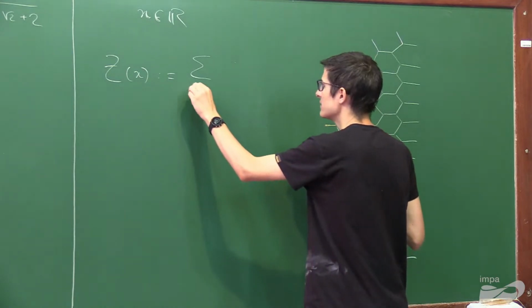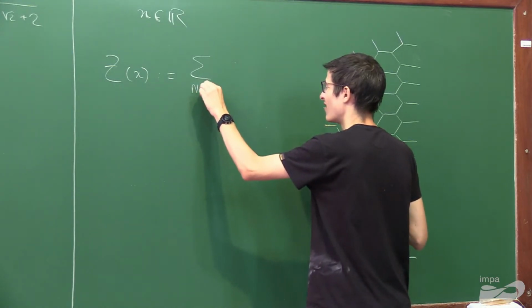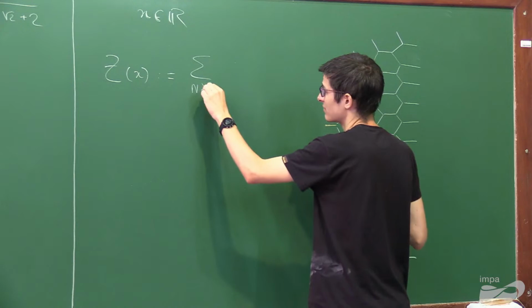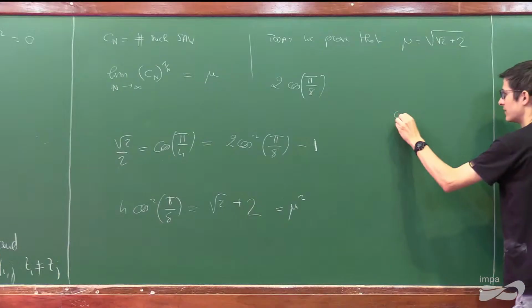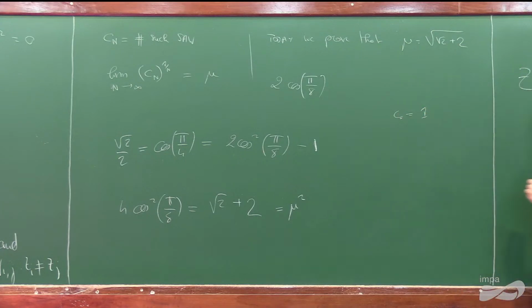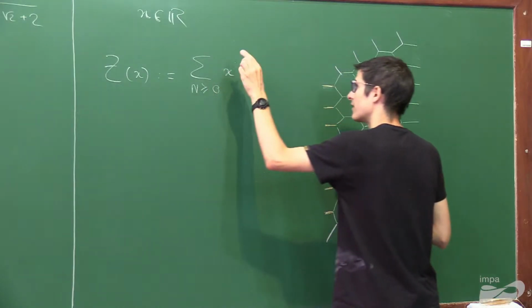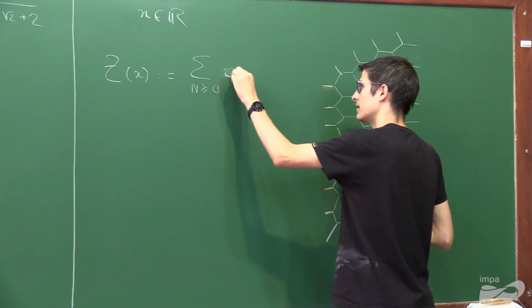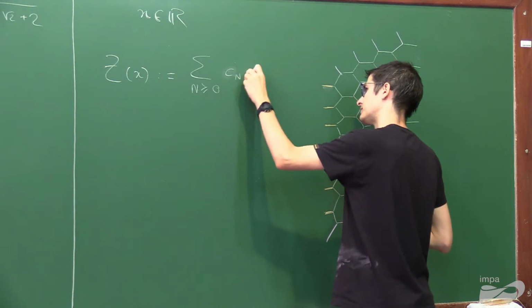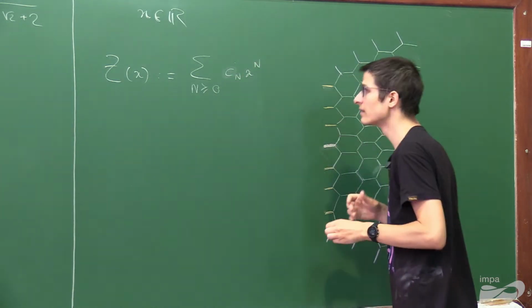If you look at this, so n larger than, well, it doesn't matter. Let's say that C0 is equal to 1 by definition. And you take here Cn next to Cn.